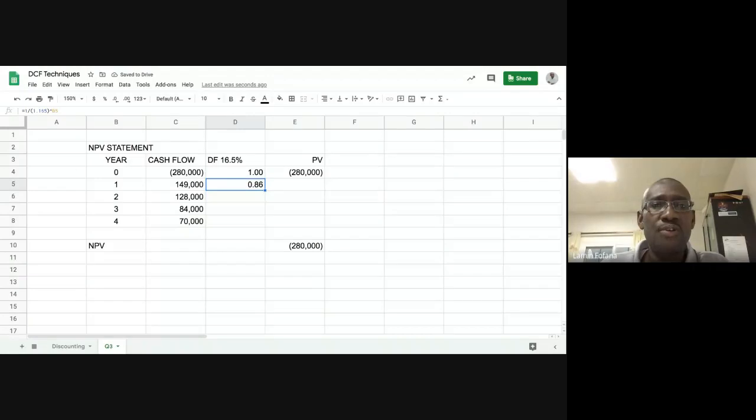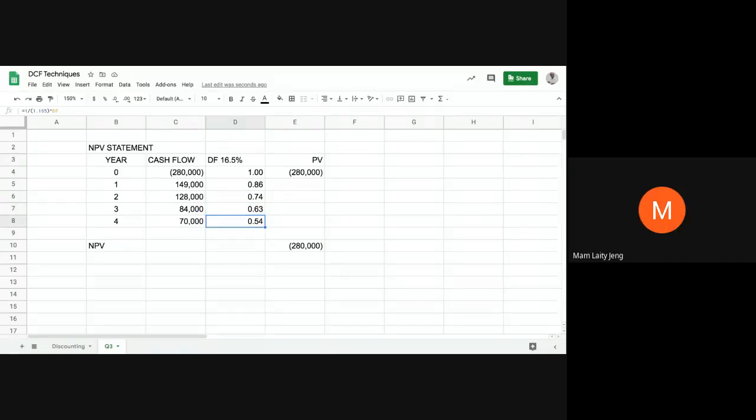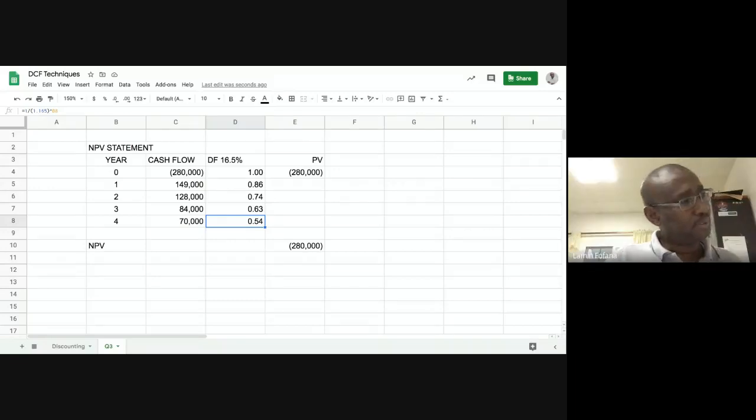For me, I just duplicate. So I have 0.74, 0.63, and 0.54. Are they correct? Yes, they are. I also have the same thing. Good, good. Yes, they are correct.